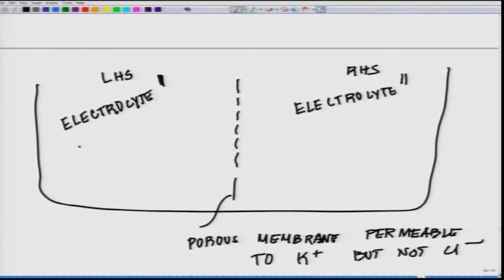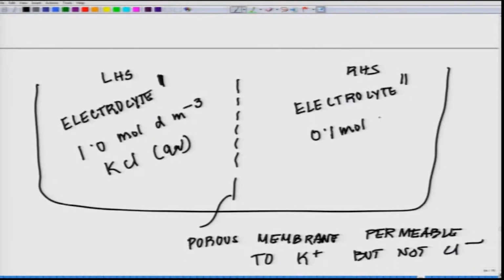On the left hand side, I have 1 mole KCl, which is aqueous, and on the right hand side I have a lower concentration of KCl, aqueous.